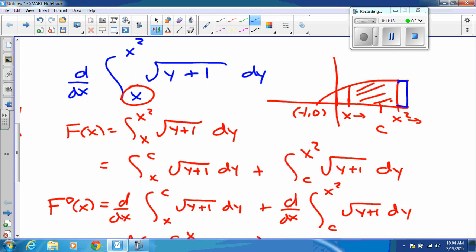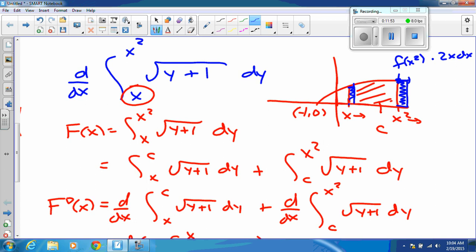As x increases, I'm going to get a little bit of an increase in area because x squared is increasing. How much? Well, it's going to be the height, which is f of x squared, times the width right here, which is not dx, but it's d of x squared. It's the amount that x squared is changing by, which is 2x dx, right? Derivative times dx. Okay? Meanwhile, here, I'm actually going to lose some area.